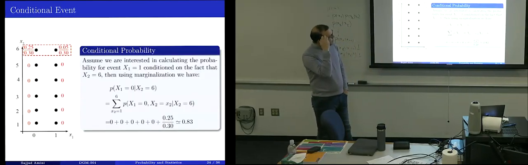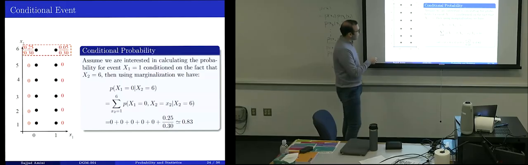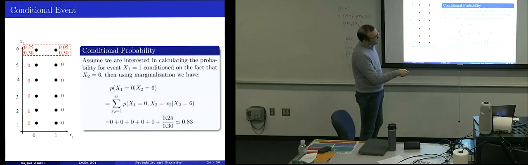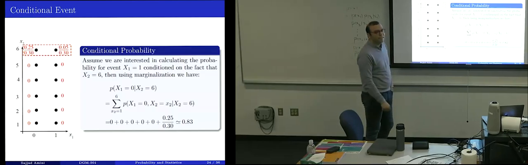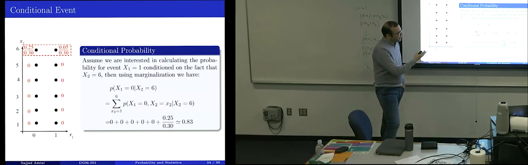So what happened here? What is the probability of tail, given that I see that the result of the die is 6? I can easily sum this column. If I sum it, I get 0.83. So the probability for the tail is increased to a large extent.